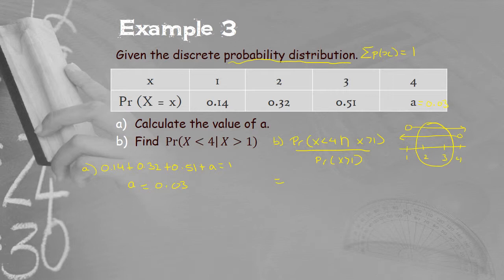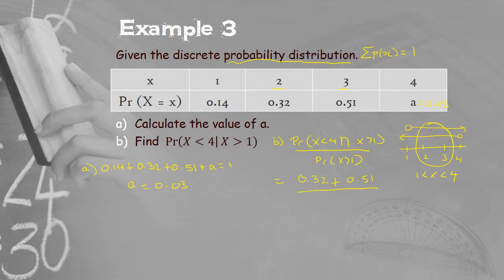So what I do here is I add together those options. Another way of saying this, by the way, is that x must be bigger than 1 and less than 4. So if we have a look here for our options that are bigger than 1 but less than 4, we just have the option 2 and 3. So I add together those probabilities because I could have 2 or 3.